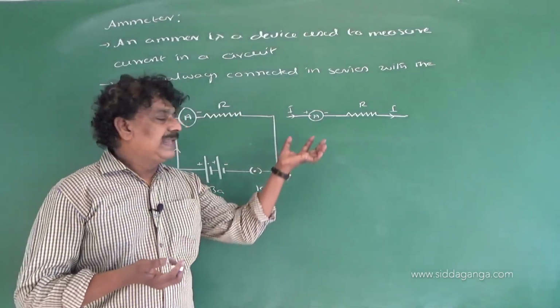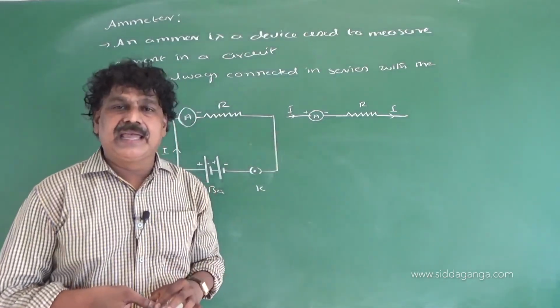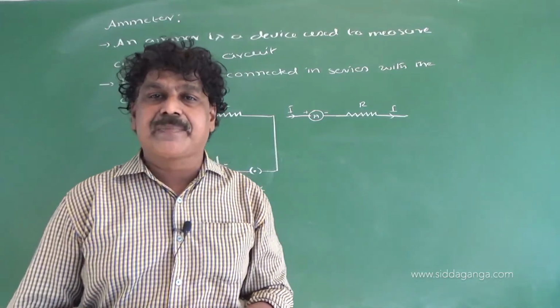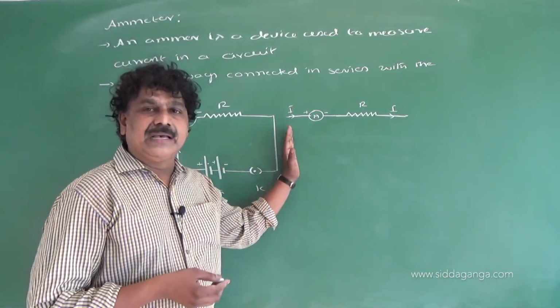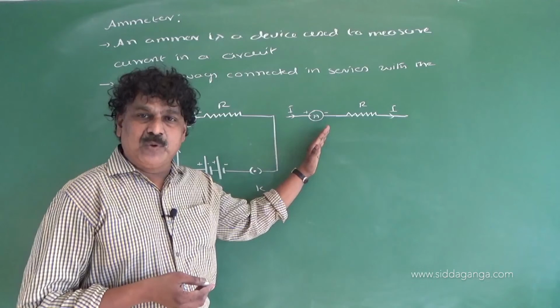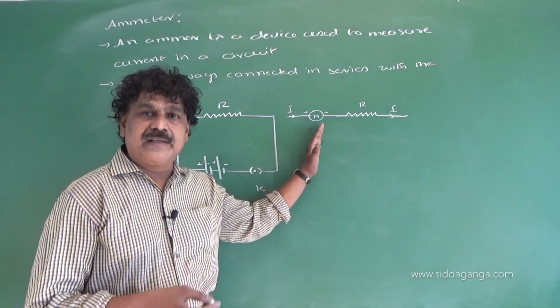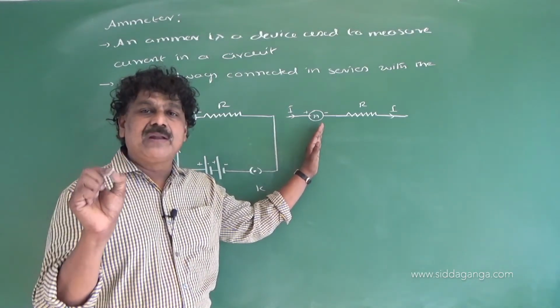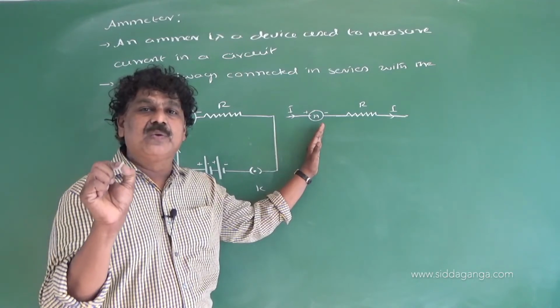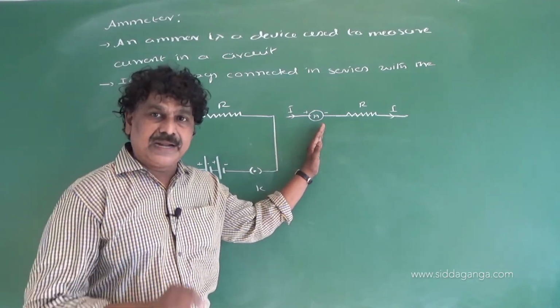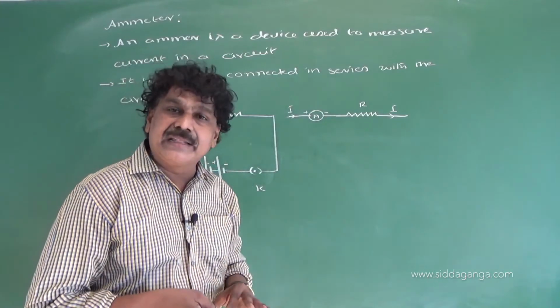There is a scale and a pointer in the ammeter. Now as the pointer moves and comes to rest, it indicates the value of current flowing through that resistor, and it measures the current in the circuit.